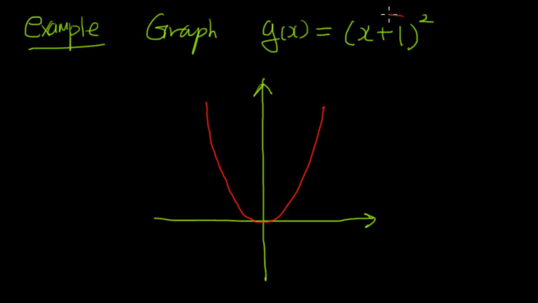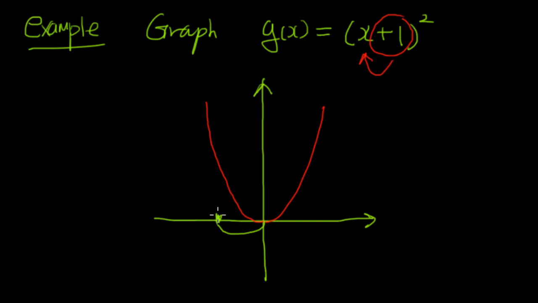Now, because of this plus 1, not to the entire function, but to the x, this red line is going to be shifted to the left or right, or up or down. What do you think? Because it's to the x, it's going to be a horizontal move. And because it's plus, it's going to go to the left by 1 unit.